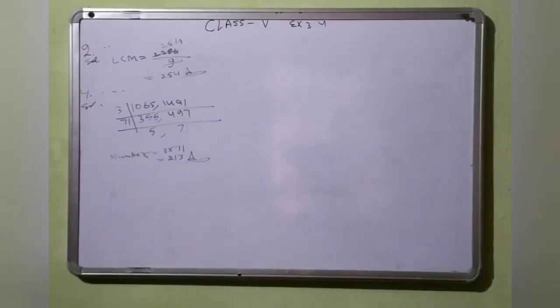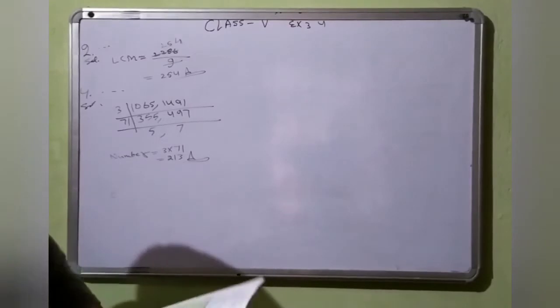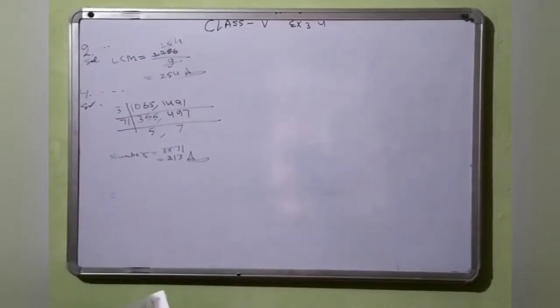Now question number 8. Find the least number which after being increased by 2 is exactly divisible by 8, 16 and 24.